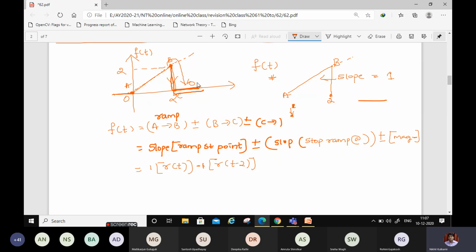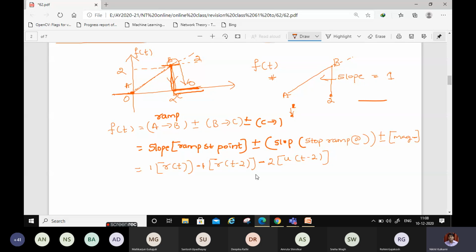The magnitude was 2, going to 0, so what do I need to add here? We have to add minus 2 times u of t minus 2. Getting this?